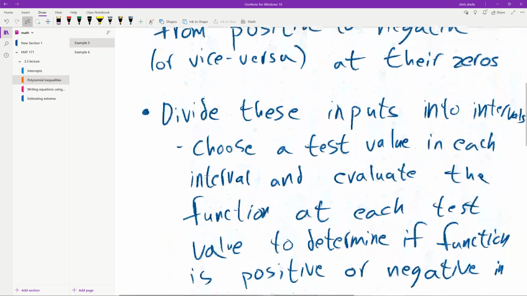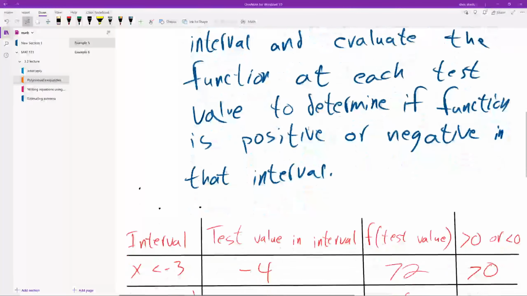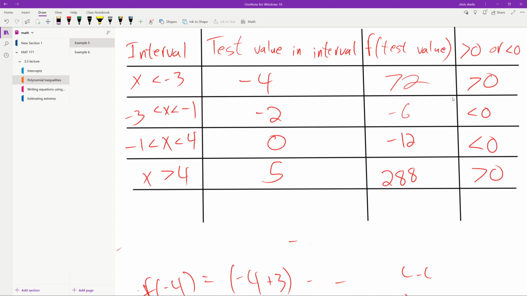Now let's go back up to see what our question was asking us again. It was asking for us to solve for all values of this polynomial that are greater than 0. So this polynomial is greater than 0 on the intervals x is less than -3 or x is greater than 4.